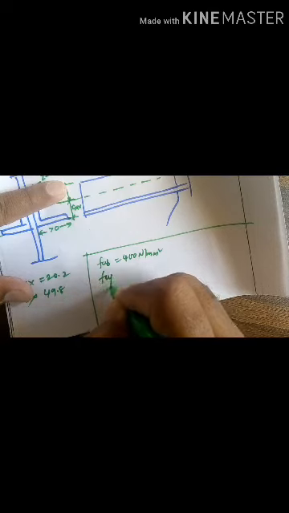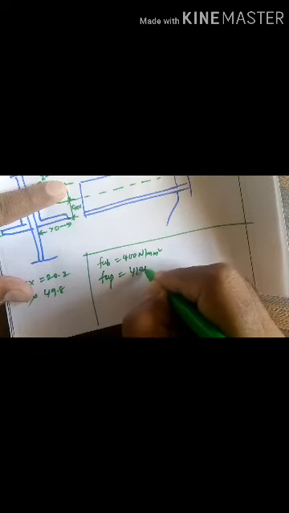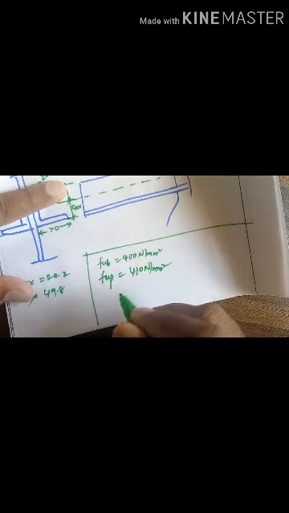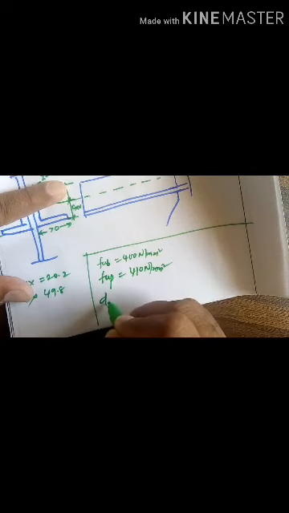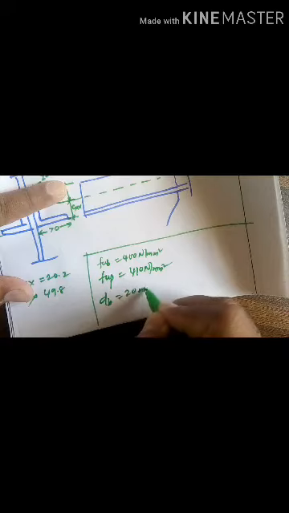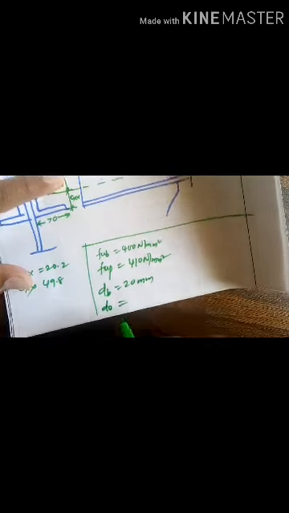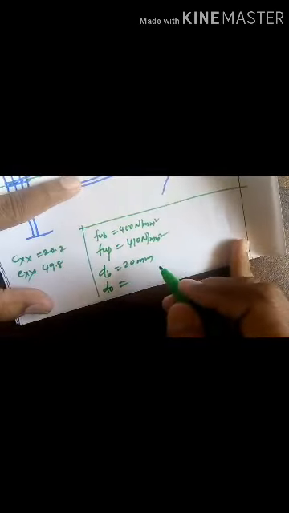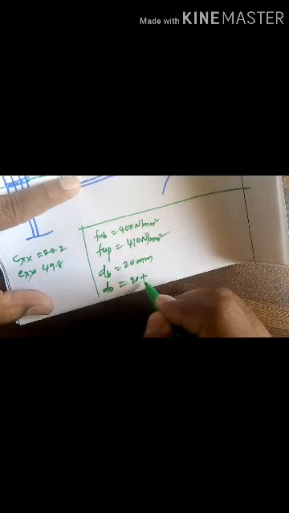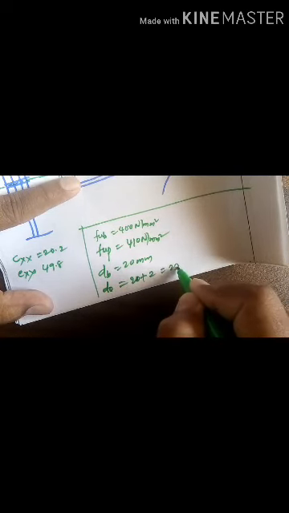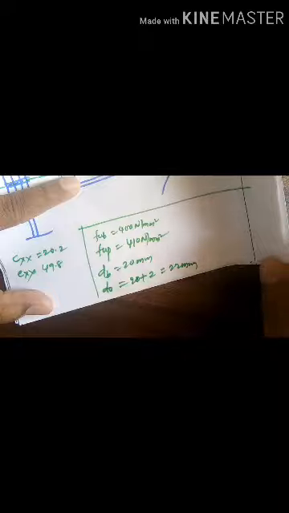Then fu for the plate will be 410 Newton per millimeter square. And the diameter of the bolt is given, that is 20 mm. Then the diameter of the hole becomes 2 mm more, that is 20 plus 2, 22 mm. Okay, then after this, calculate the bolt value.